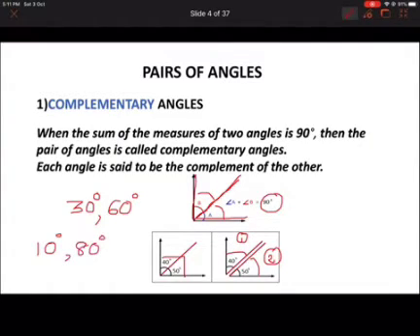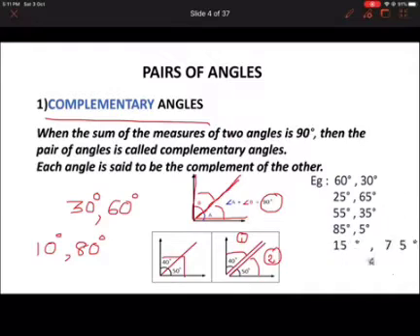So here I have given you some examples. You can check: if the sum of the pair of angles is 90 degrees, if they add up to 90 degrees, then such angles are called complementary angles. Here we have examples: 60 and 30, total is 90 degrees. 25 and 65, total is 90 degrees.